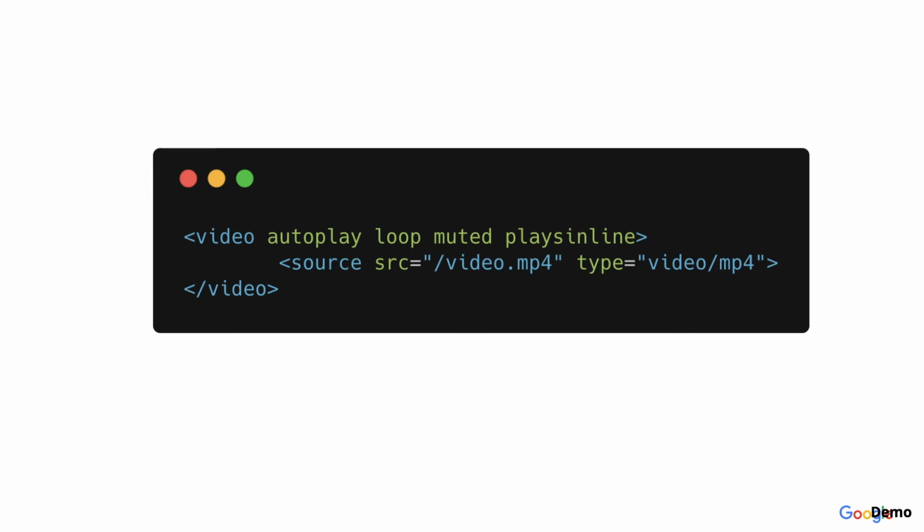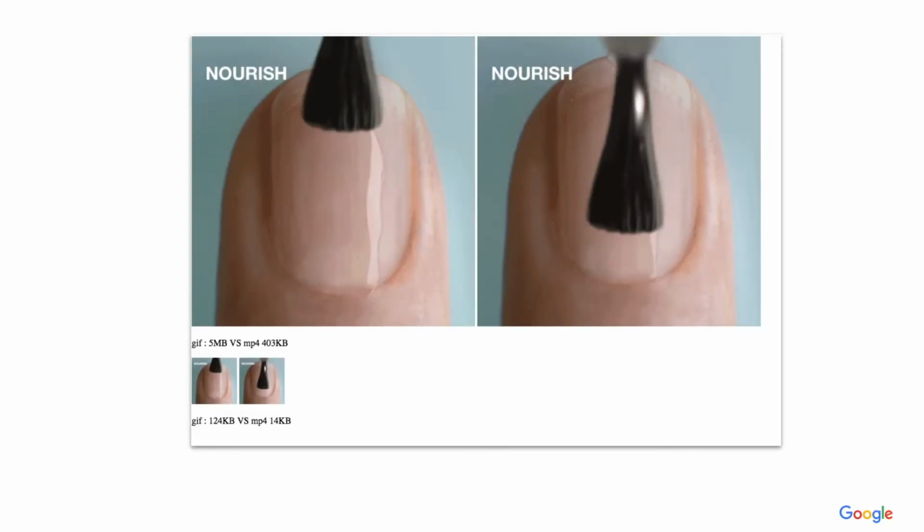This will mimic a GIF, so it will be looped and everything. And the really cool thing is, normally this is animated, but on the left we have the original GIF at 5 megabytes, and the video is only 400 kilobytes. So it's huge. If you can, do not use GIFs, use videos.